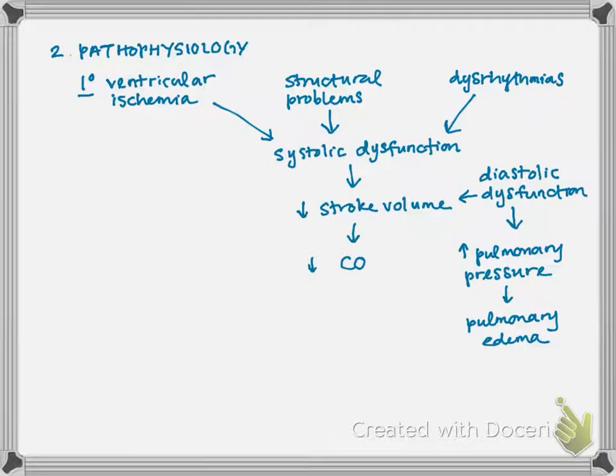Now, pulmonary edema, and we're going to talk about the VQ problems, but if we already have a problem with the pump getting blood out, and now our lungs are impaired from poor gas exchange, that's going to decrease our oxygenation, which is just going to exacerbate the problem, because the little blood that we are getting out to the tissues is no longer oxygenated. So then you've got a double whammy there.